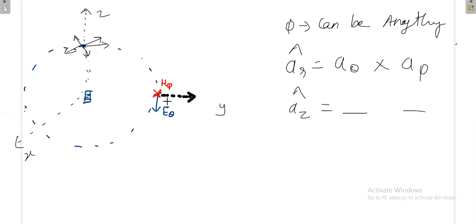Because if I choose here, my theta may be different. If I choose there, my theta will be different. Then finally, your power will go only in the R cap direction. That is the idea here. Finally, power flows only in the increasing direction of R. Okay, that is important.